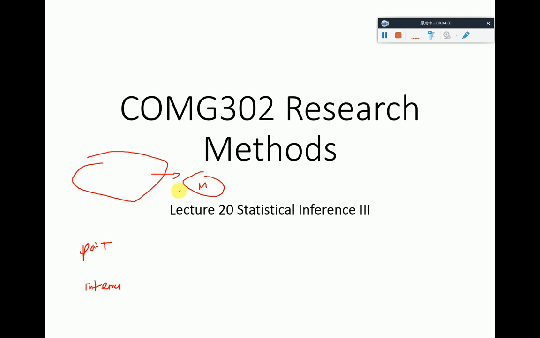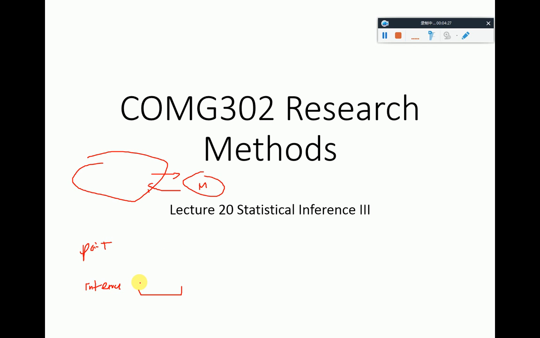So that's fairly straightforward. But then some of you asked, why do we bother to supplement a point estimate with an interval estimate? That is, why do we bother to calculate any kind of interval after we have a point estimate? Well, this is a good question.